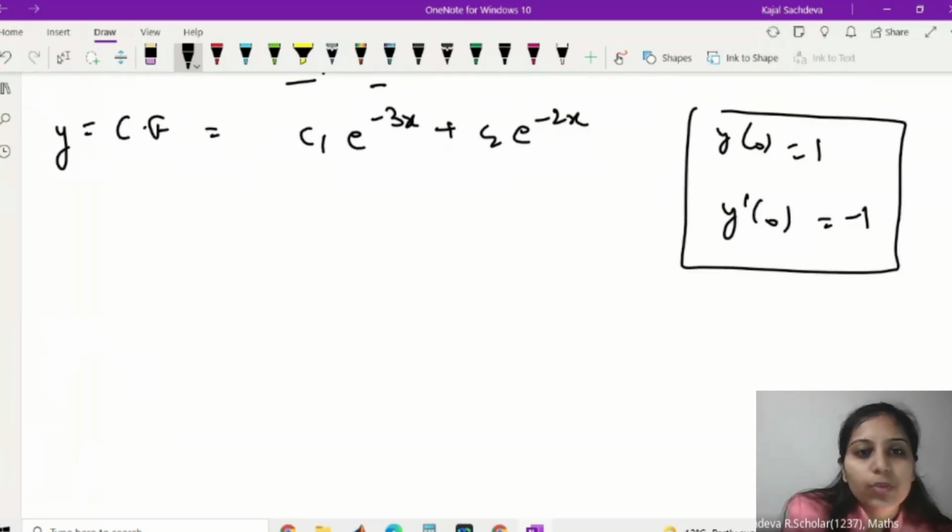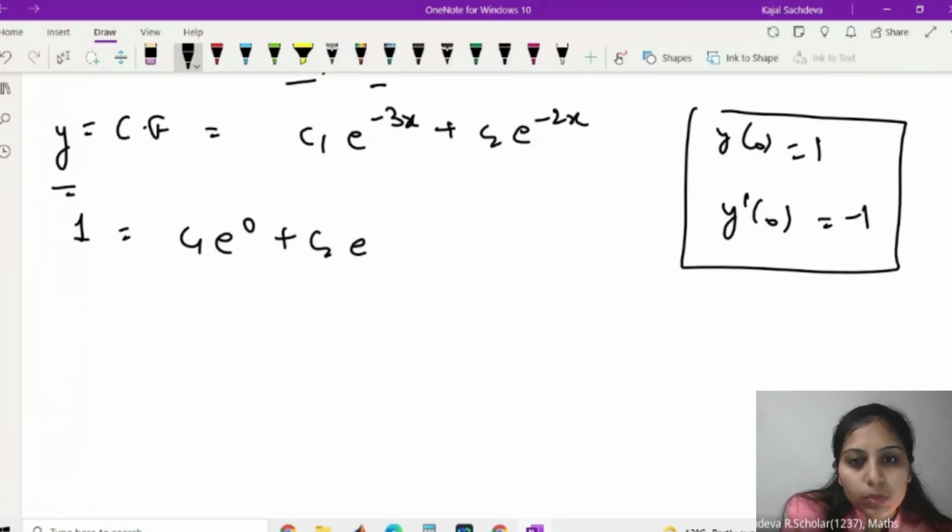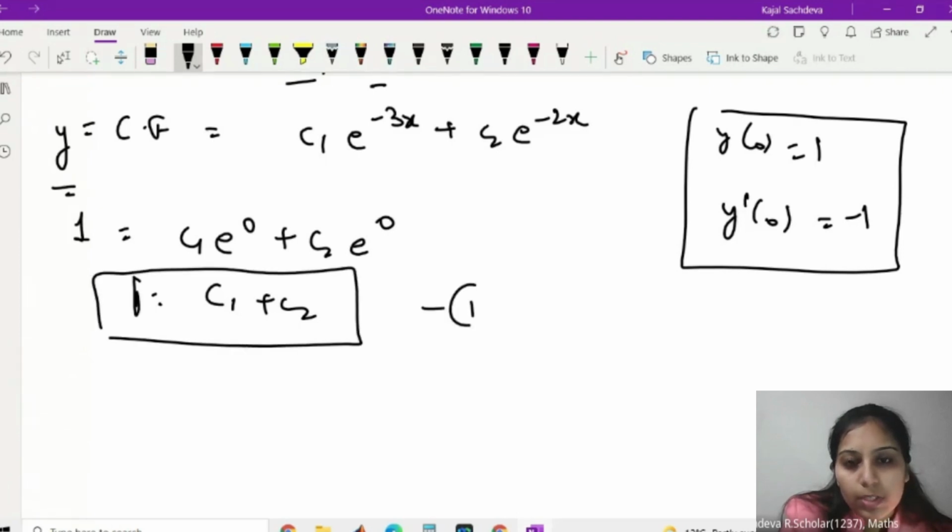Put these values, we will get firstly y(0) is equal to 1. So y is equal to 1 when x is equal to 0. It will become C1 plus C2 is equal to 1. So the first equation is this, number it as 1. And now take the derivative because we are to put in the derivative at 0.